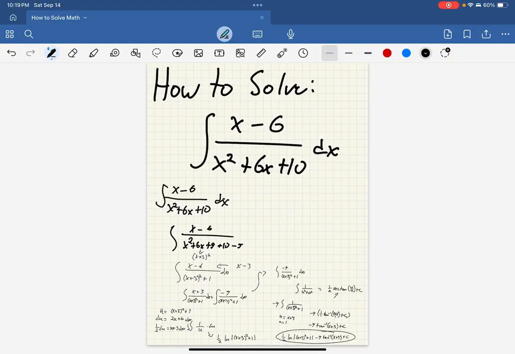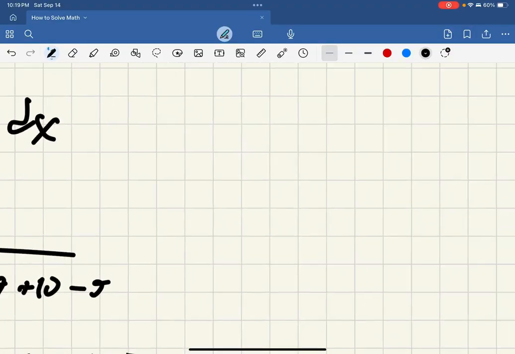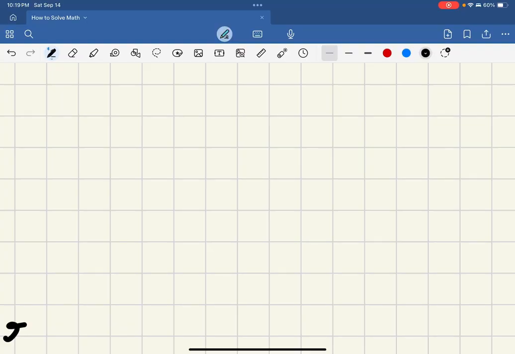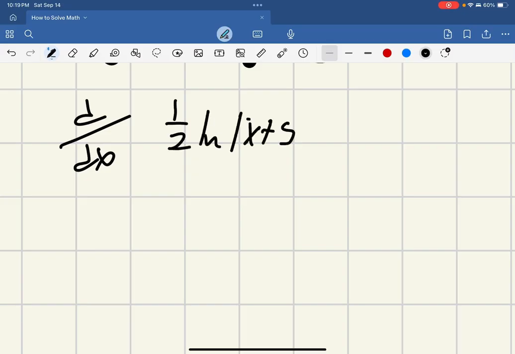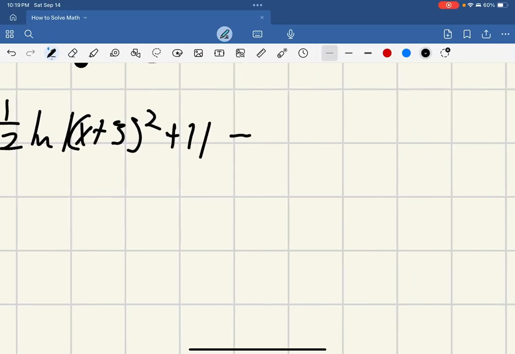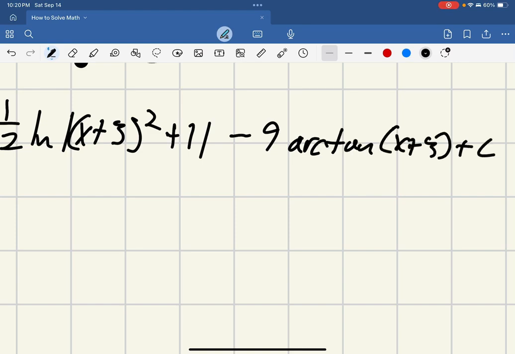Now how do we know that this is correct? I'm going to take the derivative of that answer. So right here, d over dx of 1/2 ln of x plus 3, another horrible 3, I apologize, squared plus 1 minus 9 arctan x plus 3 plus c.